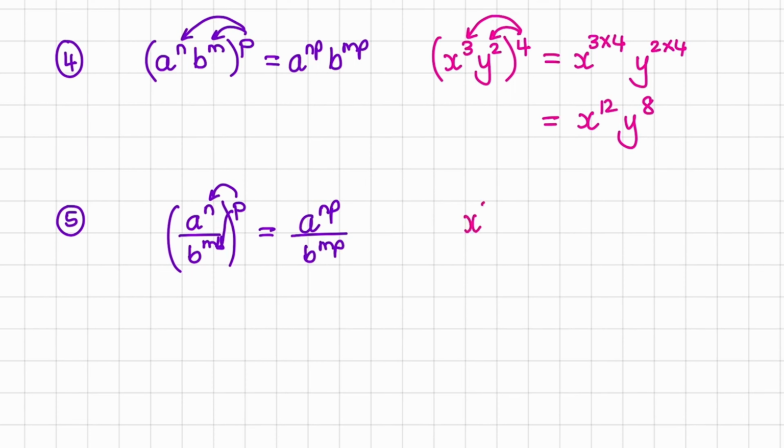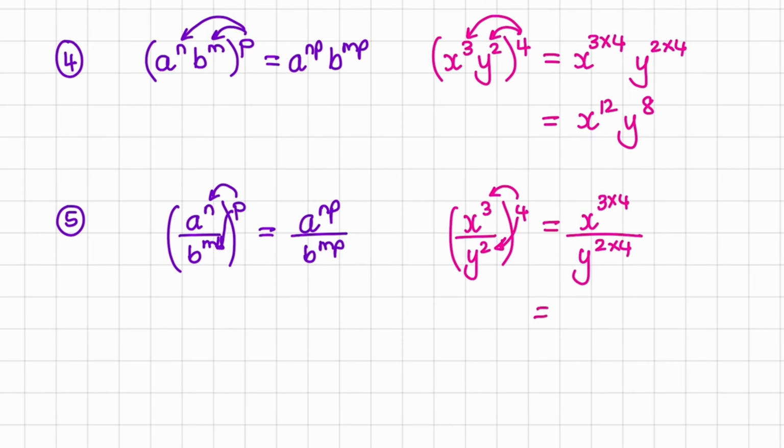Let's say we have x cubed over y squared raised to the power of 4. Now I'll multiply 3 with 4 and I'll multiply 2 with 4. So this would be x to the power of 3 times 4 over y to the power of 2 times 4. And this becomes x to the power of 12 over y to the power of 8.